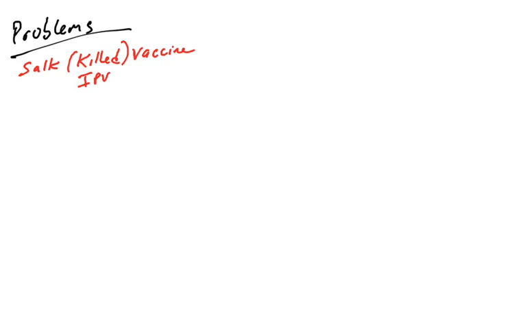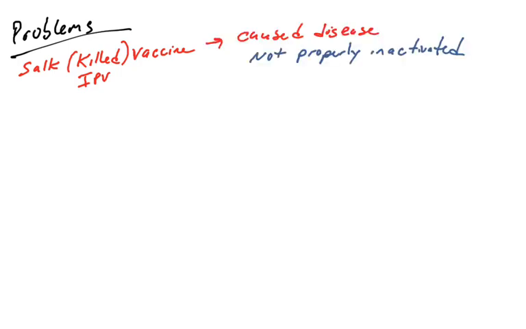The Salk vaccine, for example, which we just said was the killed or inactivated polio vaccine, at one point did actually cause disease because batches of the vaccine were not properly inactivated. So a killed vaccine could cause problems because if it's not properly chemically inactivated and can replicate, it will be able to cause disease.